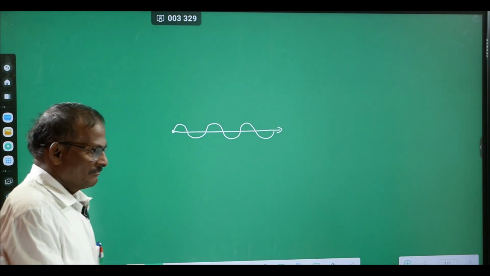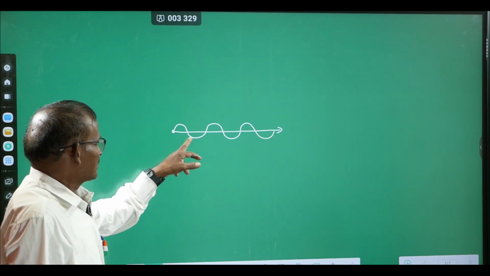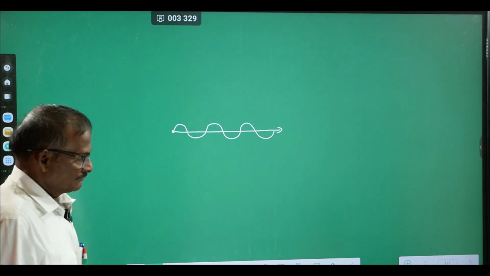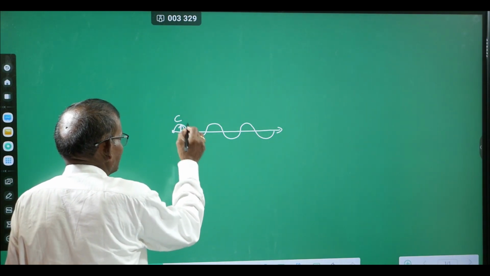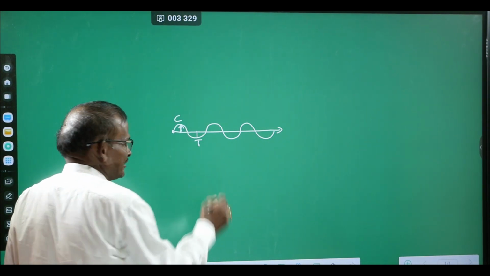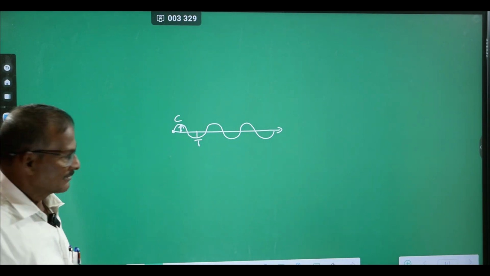Here there is one upward portion and another downward portion. The upward portion of the wave is called the crest. The downward portion of the wave is called the trough. That is, crests and troughs are formed.